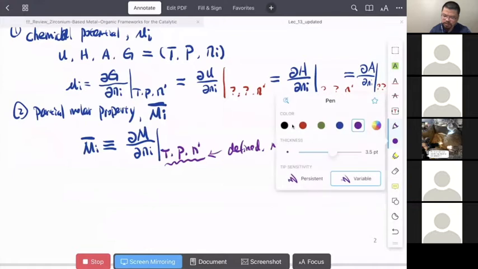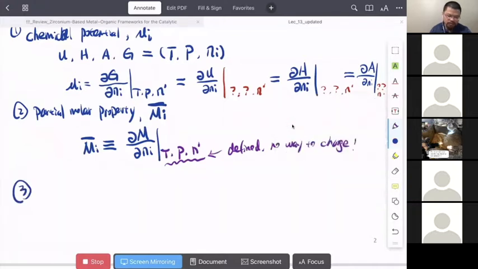So the third thing we discussed was that we were able to derive a quite useful equation. Now, if I have mu_i, and following the previous discussion, we describe this also as a property. Mu_i could be expressed as a property of temperature, pressure, and compositions, right?